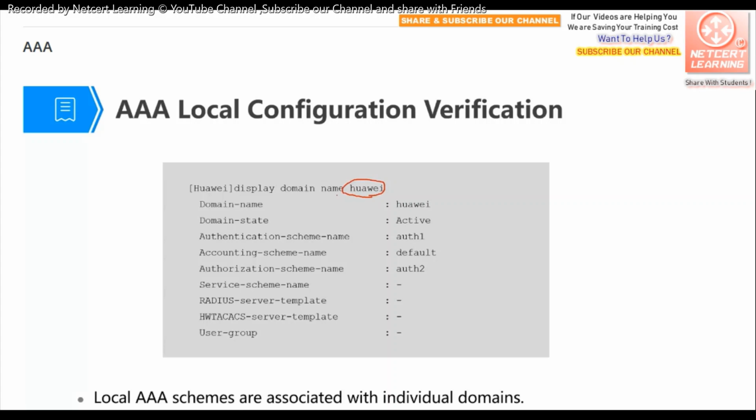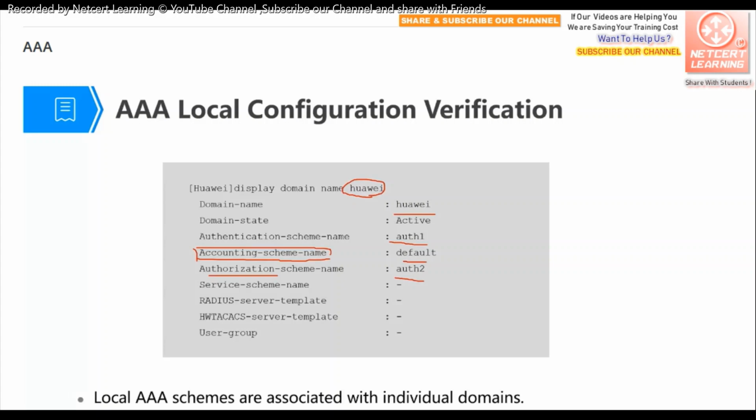So we can see in this domain Huawei, we have configured the authentication scheme with this name, and the authorization scheme with this name. Because we didn't configure the accounting scheme, by default the accounting scheme will be default.